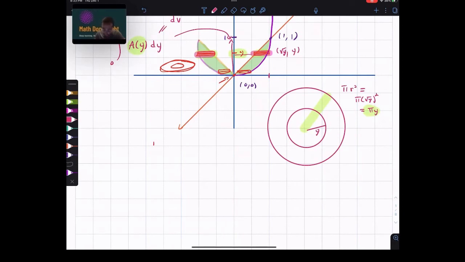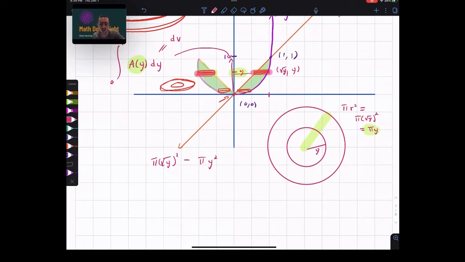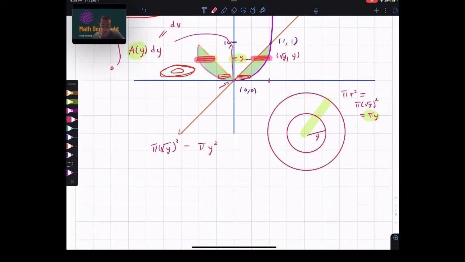So I'm subtracting. I'll do it over here. I had pi times square root of y squared, and then I'm subtracting from it pi times y squared. The inner radius is y, and the outer radius is square root of y. And we're on this interval from 0 to 1, so it makes sense that the square root of y would be the outer radius, and y itself would be the inner radius. And so what do I do there?